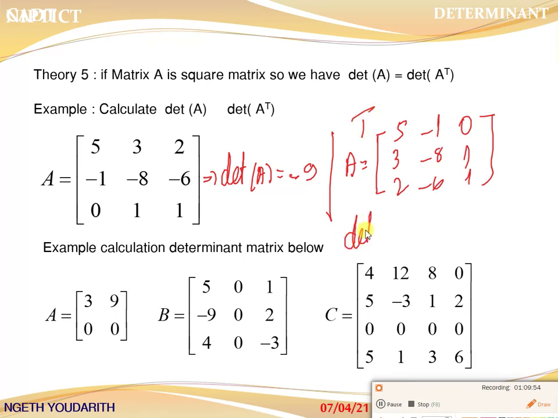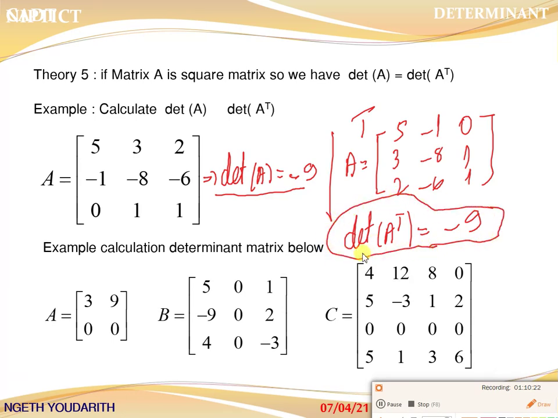So determinant of A transpose is equal to minus 9. So we can take this one and this one is the same. It's the same, so we can find the other of this case.